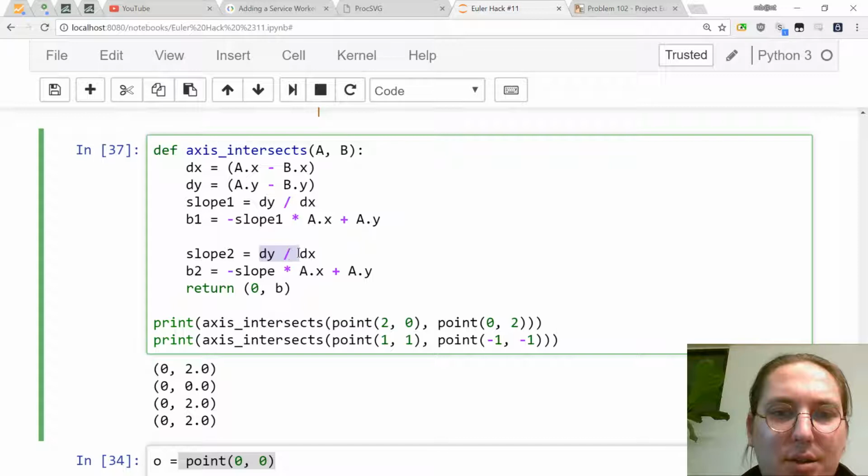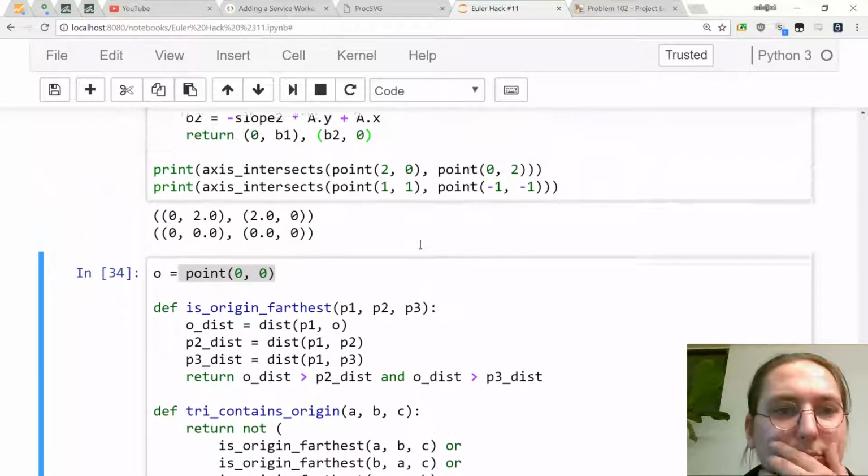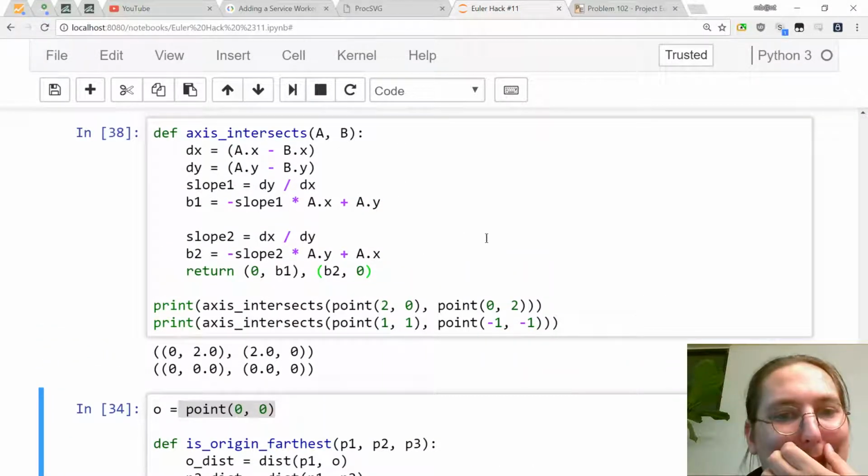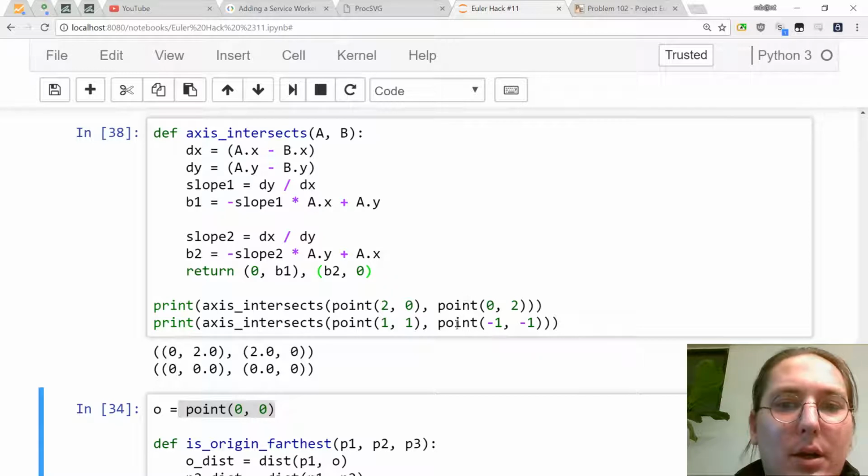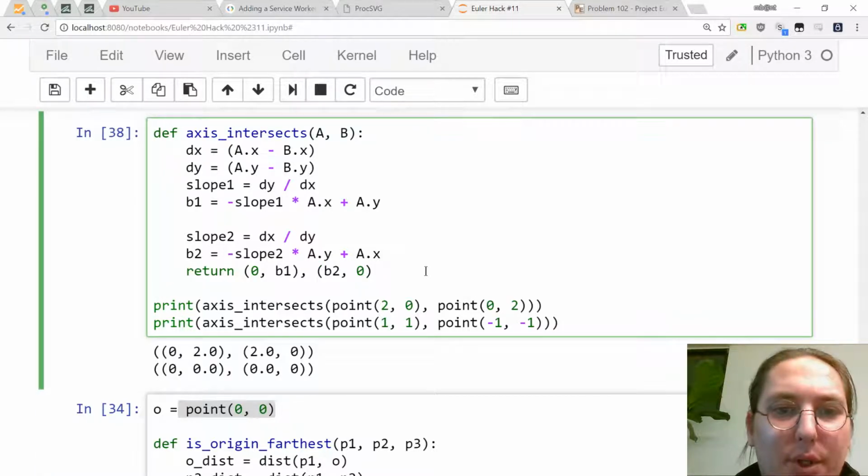So in this case, I think I can just reverse, and at least for these cases, it produces the right thing.